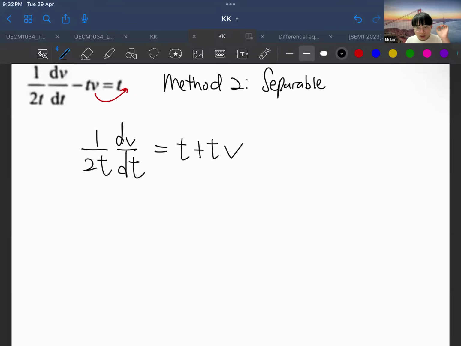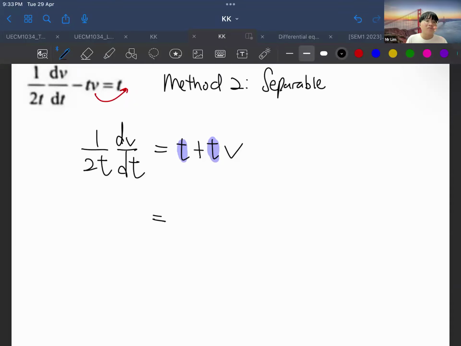Okay. Here your goal is different. You try to factor out, take the common factor out. Let's say I see both t and t for these 2 terms. I like to take out the t because I try to separate. This method is called separable. So you like to separate the variables.